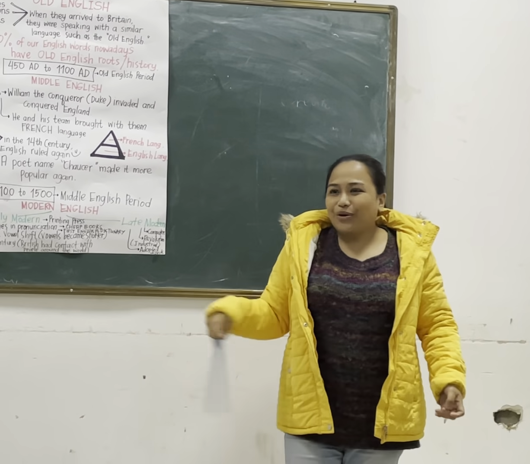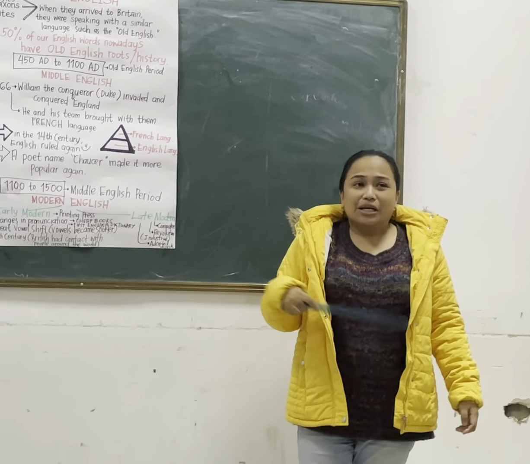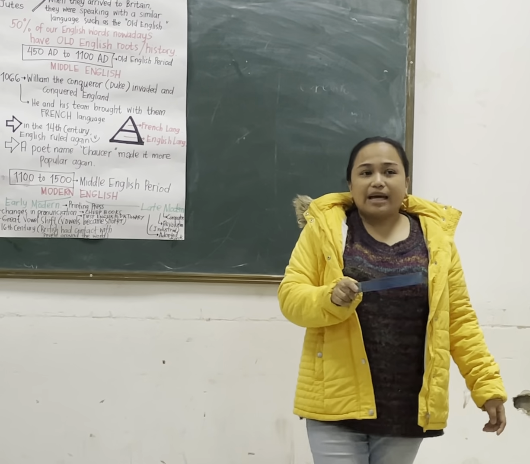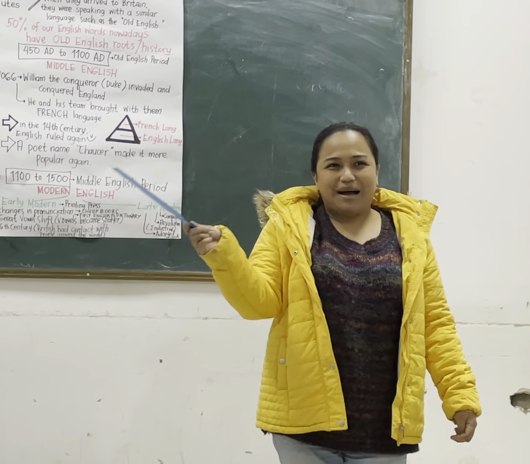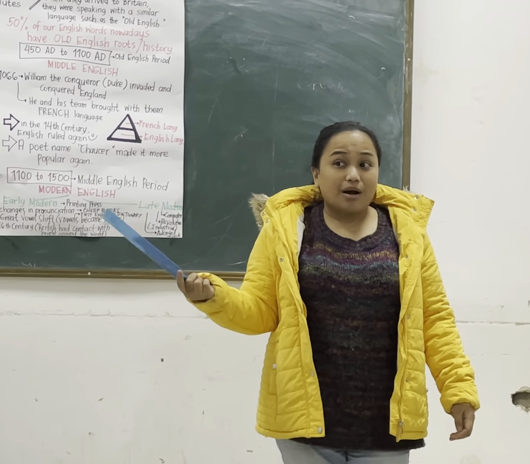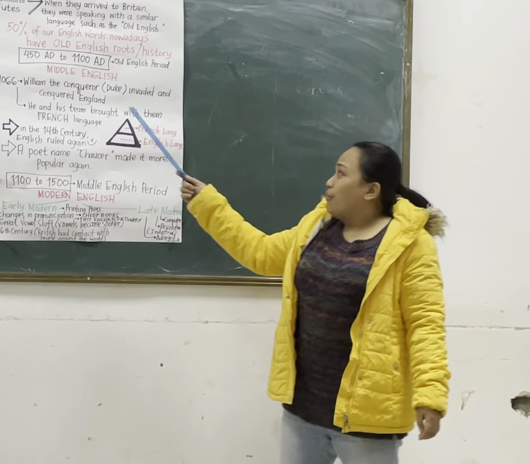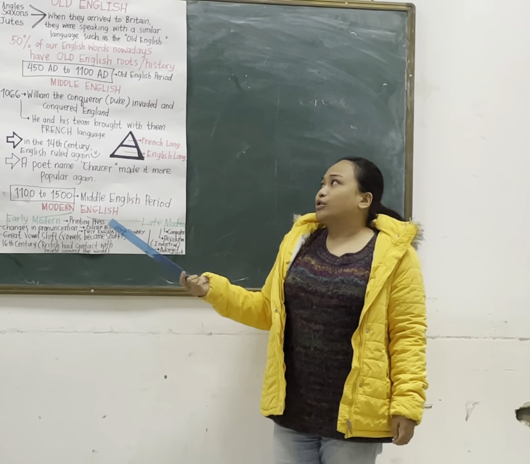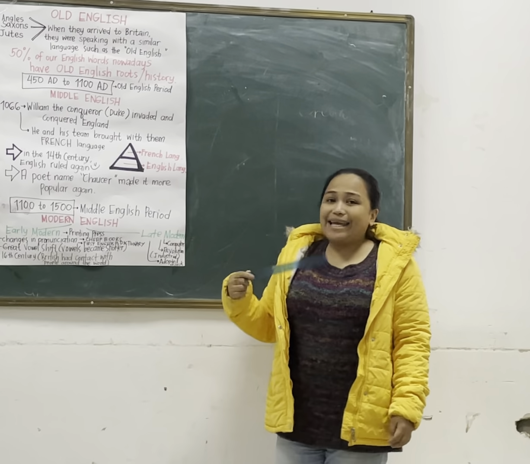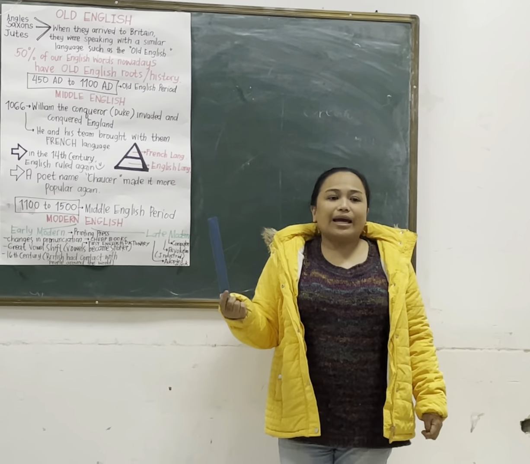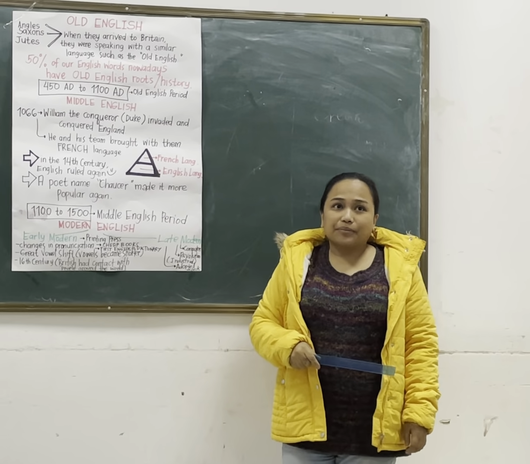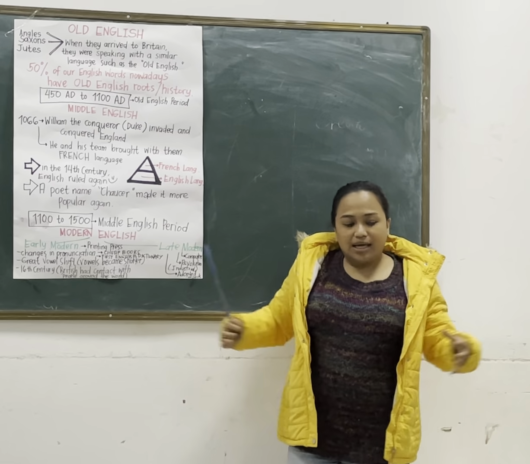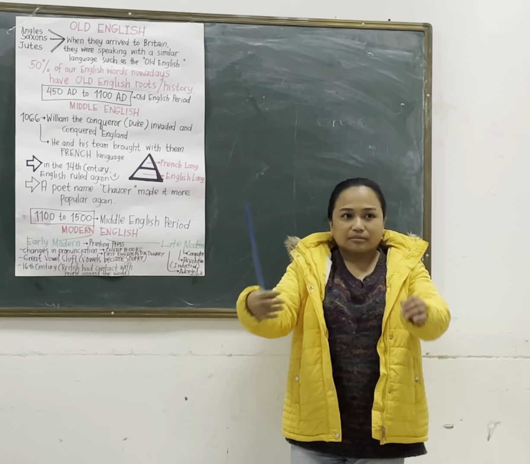Before, there were no borders or boundaries. So if a conqueror comes there, the conqueror will say, everything that I see is mine. So that's how it worked before. So William the Conqueror, who was a duke, went and invaded and conquered England. So when he went to England, he said, it's mine.